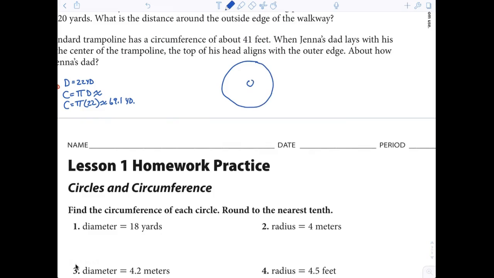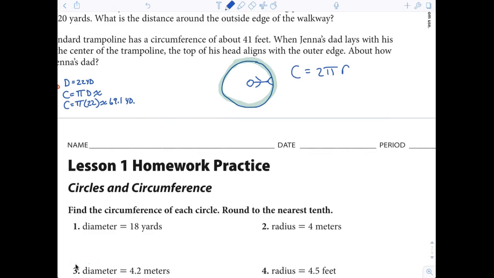And then here's the dad laying on the trampoline. Now, what does he represent? He represents the radius. That is correct. And what is the circumference of the circle? 41 feet. So everybody's got to write down C equals 2 pi r. What are we trying to find, guys?